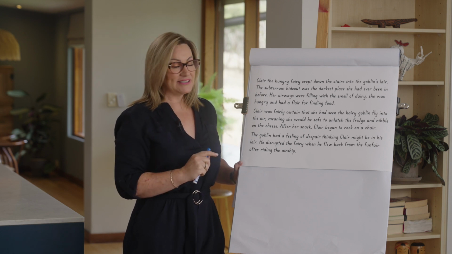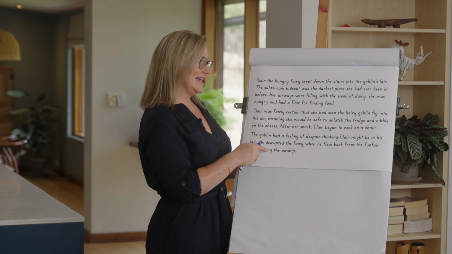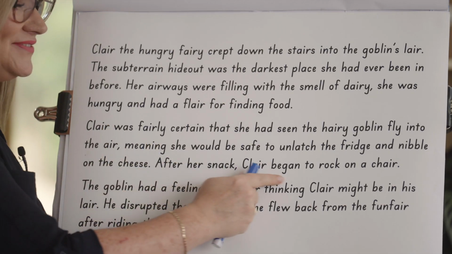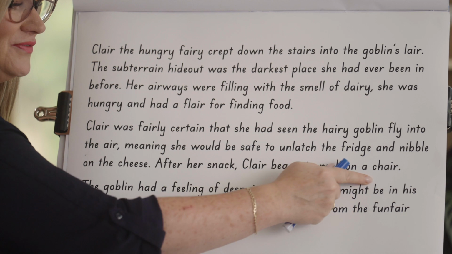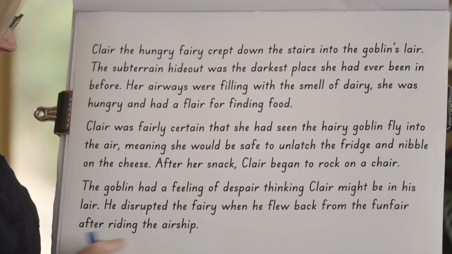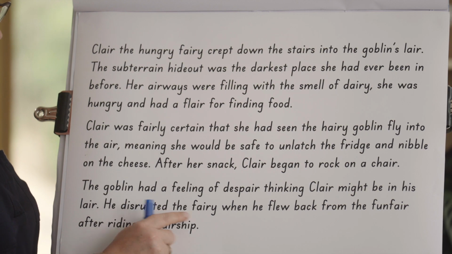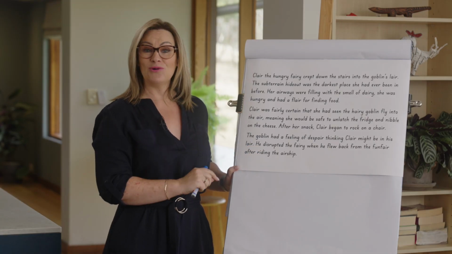I do like cheese myself, but I don't think I would go uninvited into someone's lair. She's feeling quite satisfied with herself here. She's leaning back and rocking on a chair. She's got not a worry in the world. But what happens? The goblin comes back and he disrupts the fairy. So she did get caught in the end.